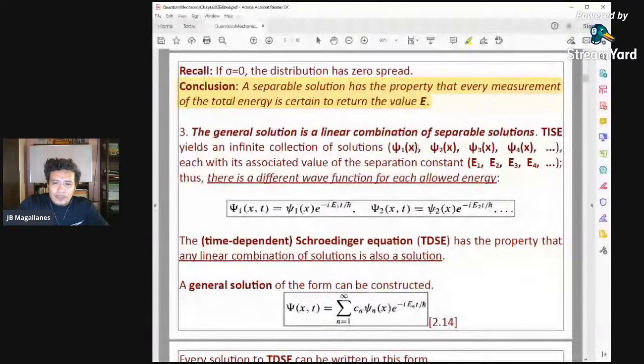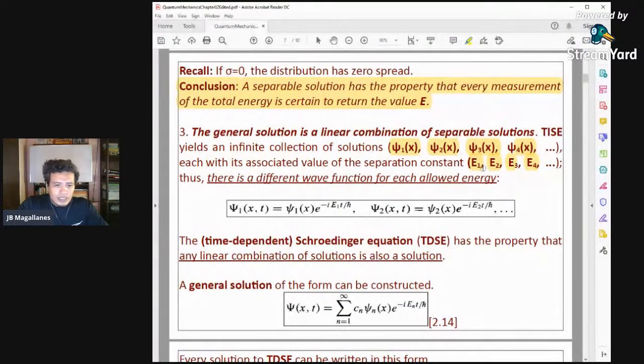So, for example, you have one solution phi 1 with energy E1, phi 2 with energy E2, phi 3 with energy E3, phi 4 with energy E4, and so on until n equals infinity. Phi 1 would have a lower energy, phi 2 would have a higher energy, or they could be in a different order also.